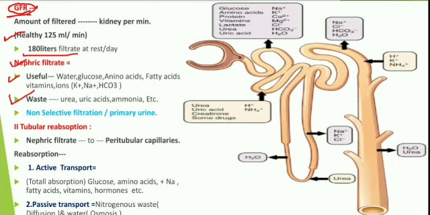All these are unwanted substances. But glomerular filtration filters both useful and waste substances, that's why glomerular filtration is also known as ultrafiltration, non-selective filtration, and is also named primary urine.